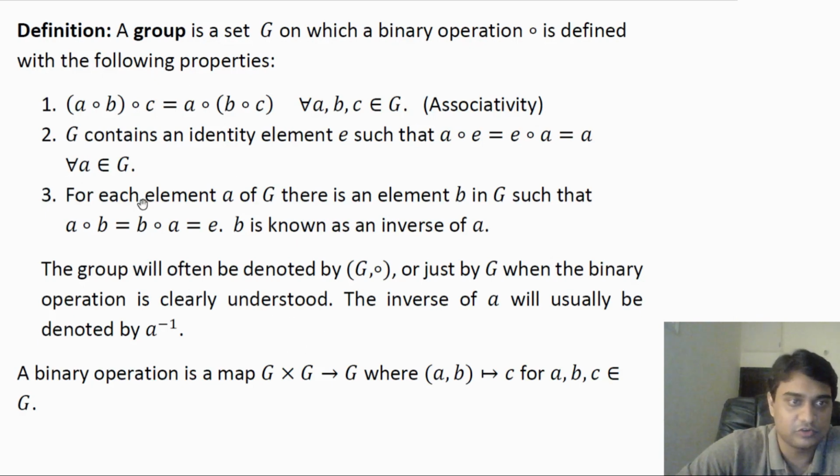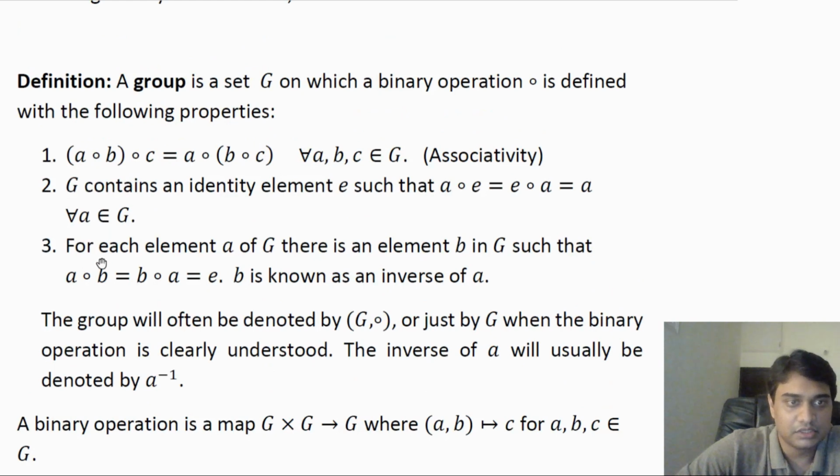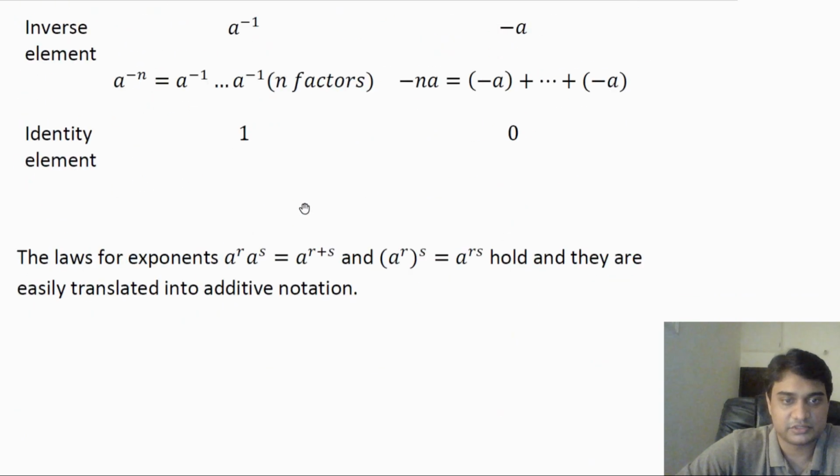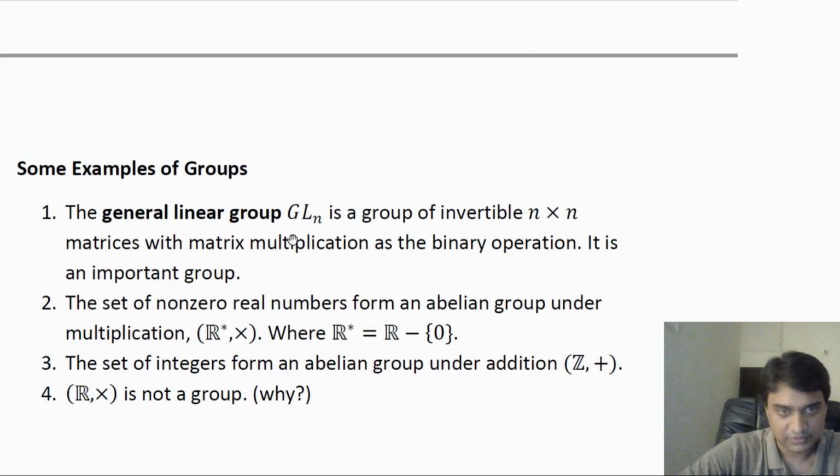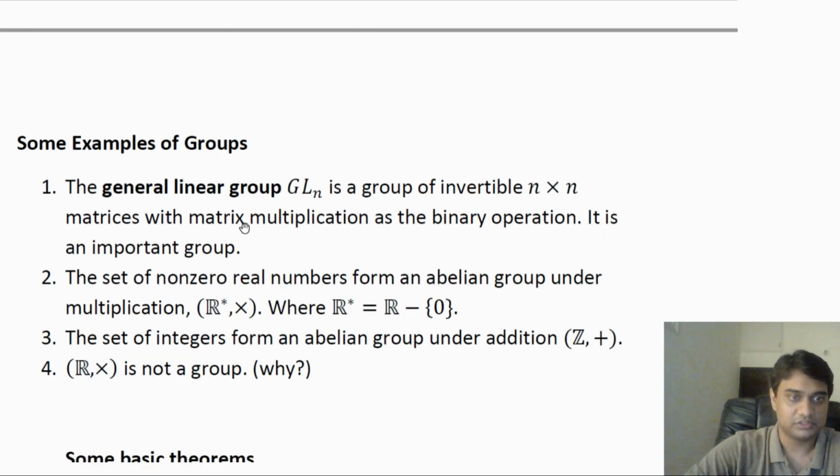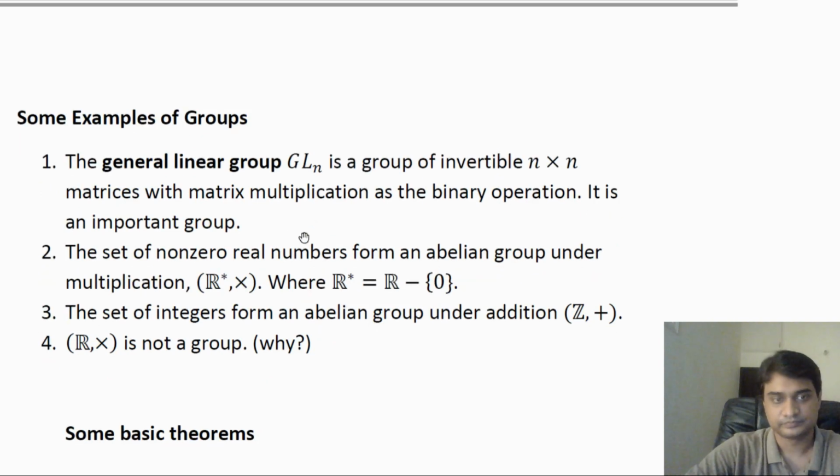So all three group properties are satisfied, and matrix multiplication, the binary operation of the group, is also defined on the set. Therefore, we can say that this set is a group. The set of invertible n by n matrices under matrix multiplication is a group, and we call this group the general linear group GLn.